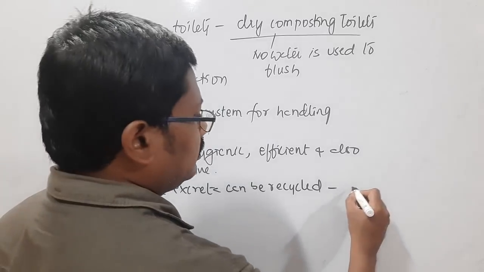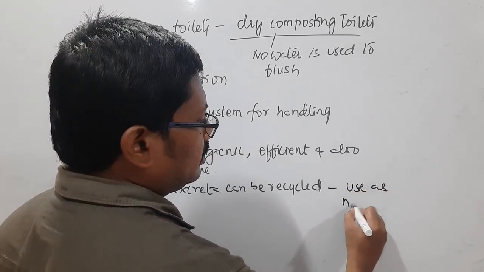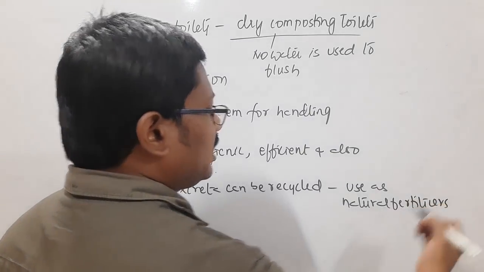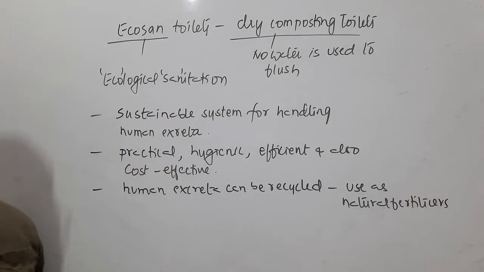So we can use it as natural fertilizer. Using artificial fertilizers, we know it creates a lot of environmental pollution. Not every time will the farmer use the exact amount of fertilizer in agriculture.